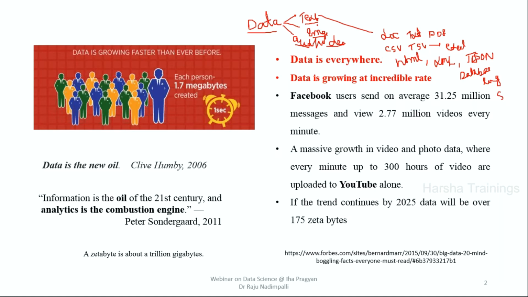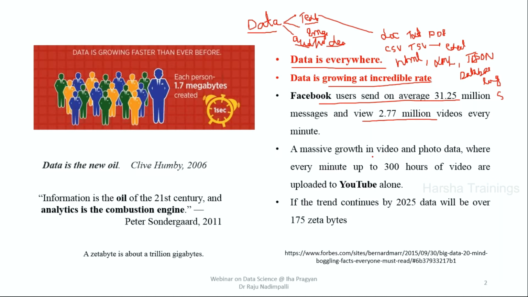Okay. Now, whatever the data may be, nowadays, because of huge internet facilities, data is everywhere. It is growing at an incredible rate. Let us take some examples with Facebook and YouTube. Now, Facebook users are sending an average of 31.25 million messages, and they are viewing 2.77 million videos every minute throughout the world.